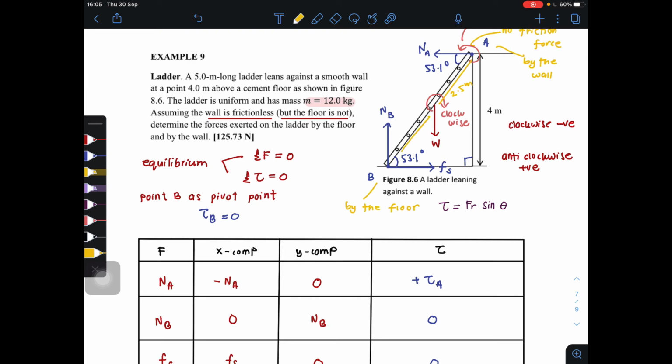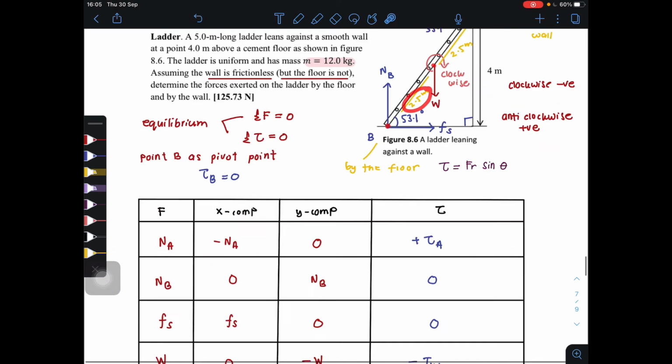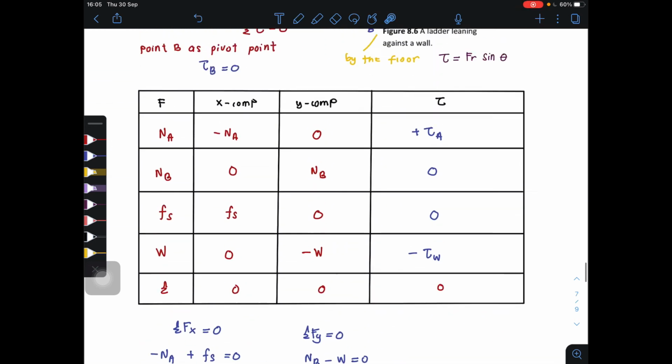So sini ke sini pun sama, 2.5 meter. Okay, dia nampak complicated sudah lukisan dekat sini, tapi weight ni mesti always at the center. So maksudnya daripada point weight kepada pivot point adalah 2.5 meter. So here 2.5 meter. And then sine angle, and then angle here.